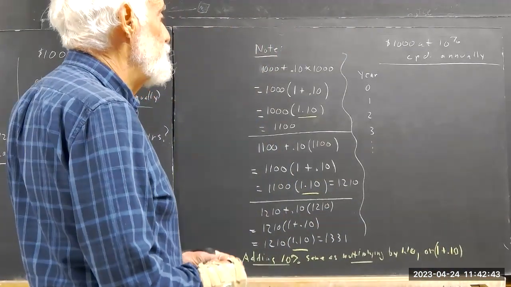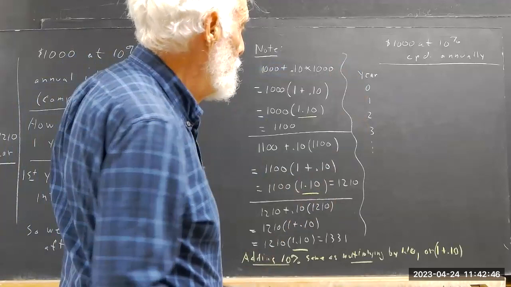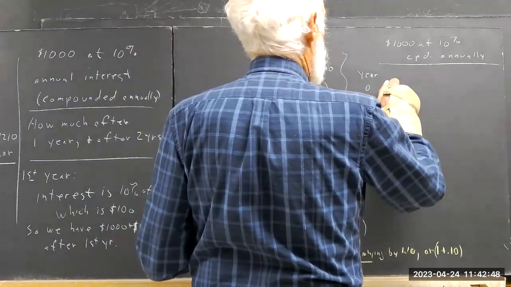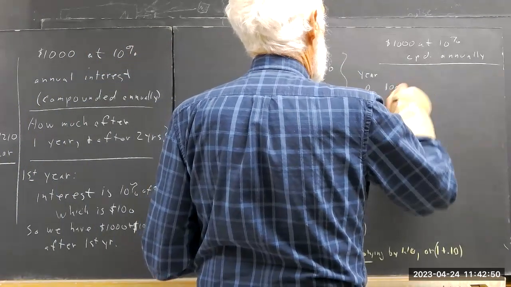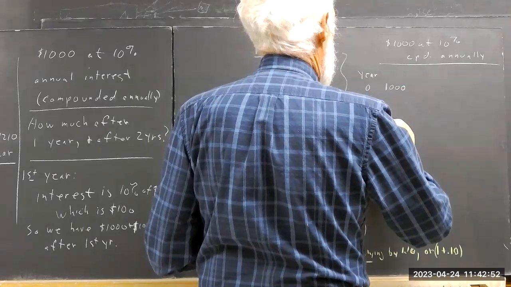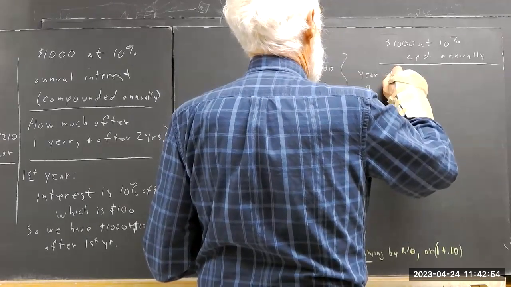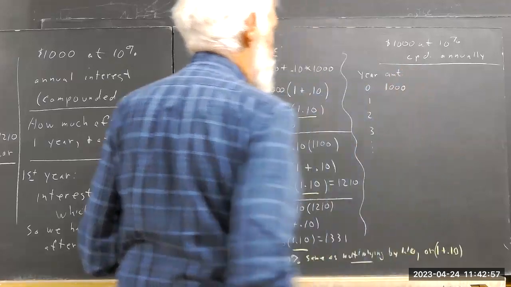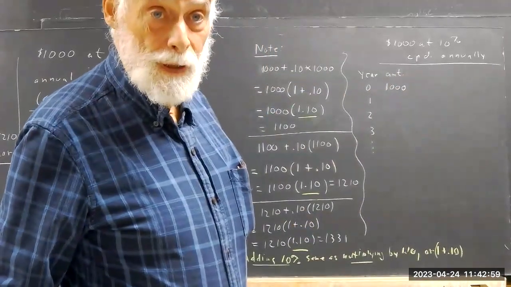So we can make a table in year 0. In other words, when we first start, we have $1,000.